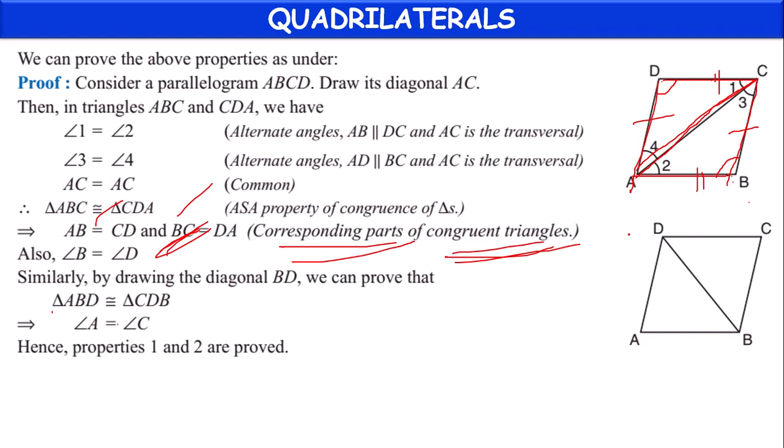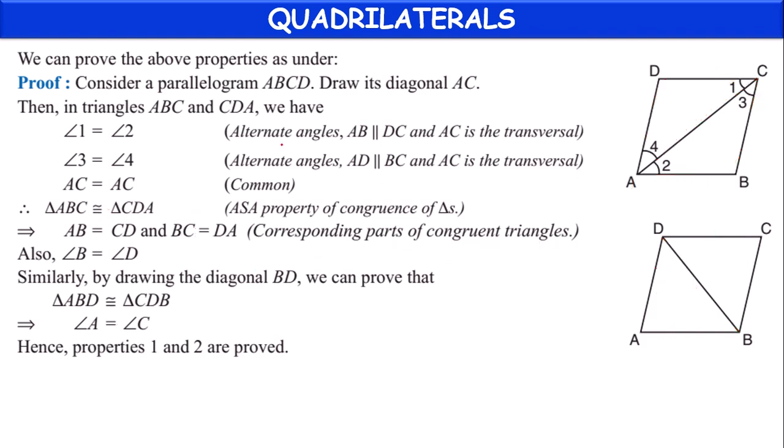Similarly, if we draw diagonal BD and compare the triangles, we can prove that AB equals CD, AD equals BC, angle C equals angle A. So by this proof, what is proved? AB equals CD, BC equals AD, which means opposite sides are equal.